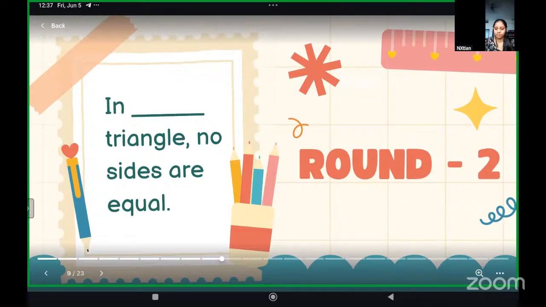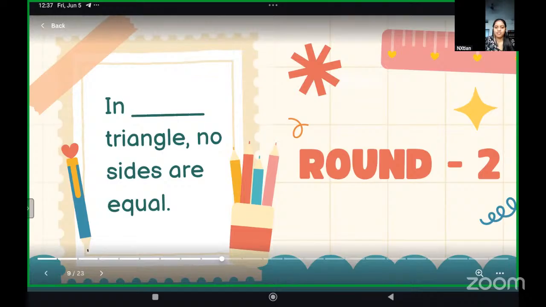Okay. Sides, it says actually. Pardon, ma'am? Joshua, the question says sides. Yeah. And acute, no sides are equal. Okay. Isosceles.